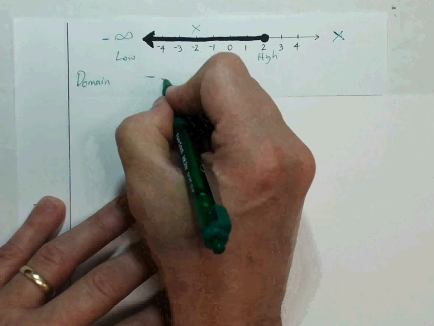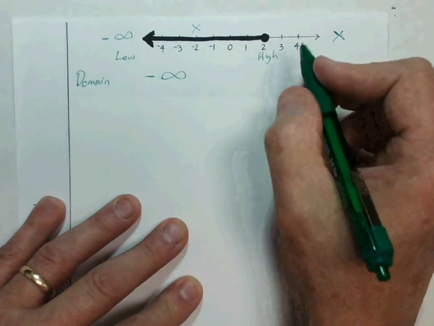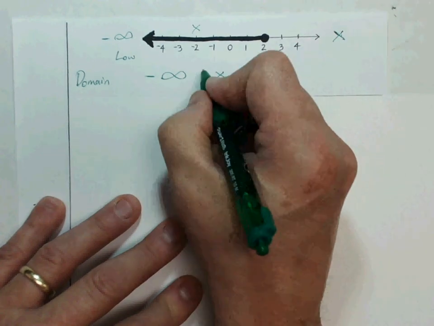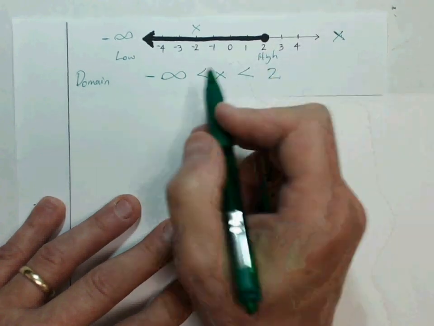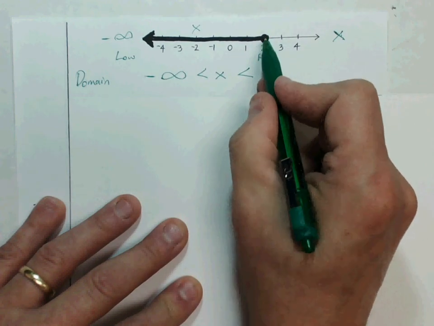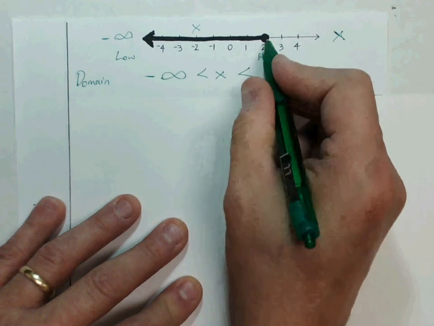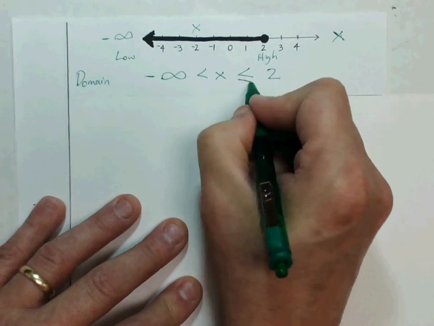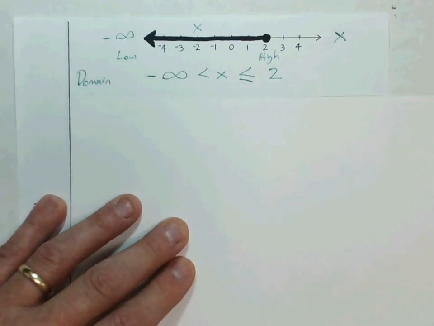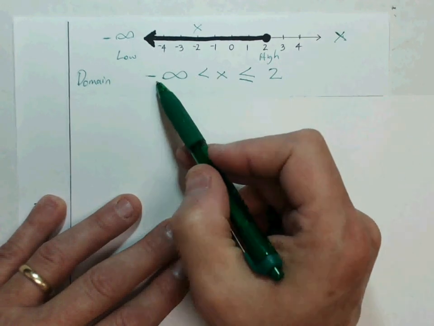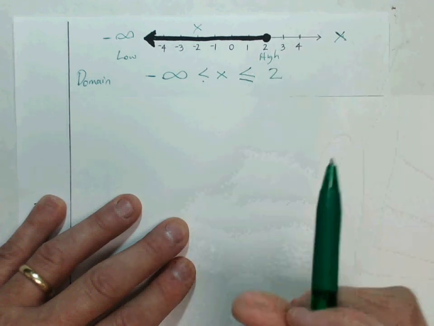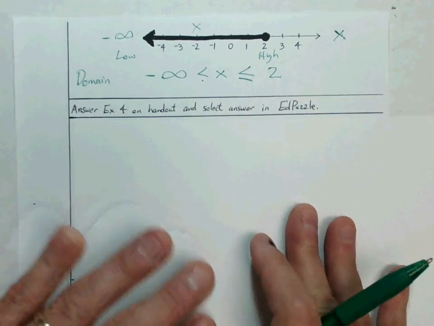So low, negative infinity, high, 2, in between all the x's. We always use less than symbols. Can't touch infinity, so we'll leave that symbol alone. We'll look at 2, it is closed. And to show that we do include 2, we're going to put an equal to sign there, and that is your domain. All numbers between negative infinity exclusive and positive 2 inclusive. Alright, try number 4 and answer that on Edpuzzle.